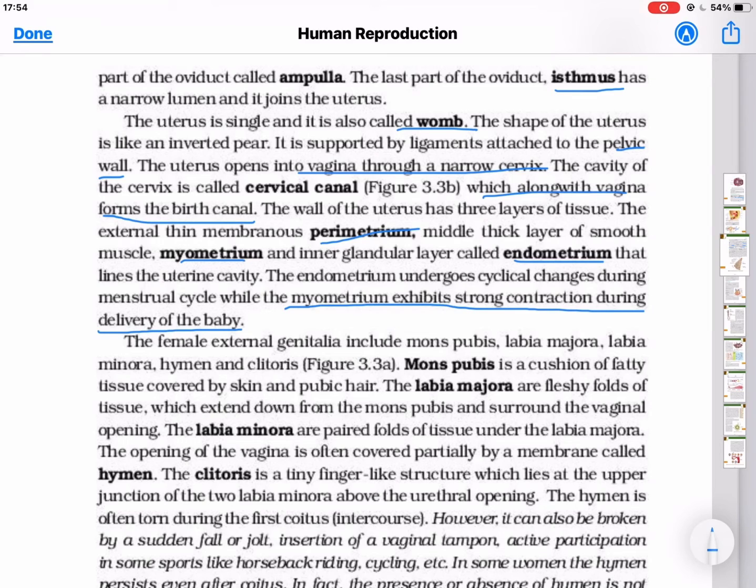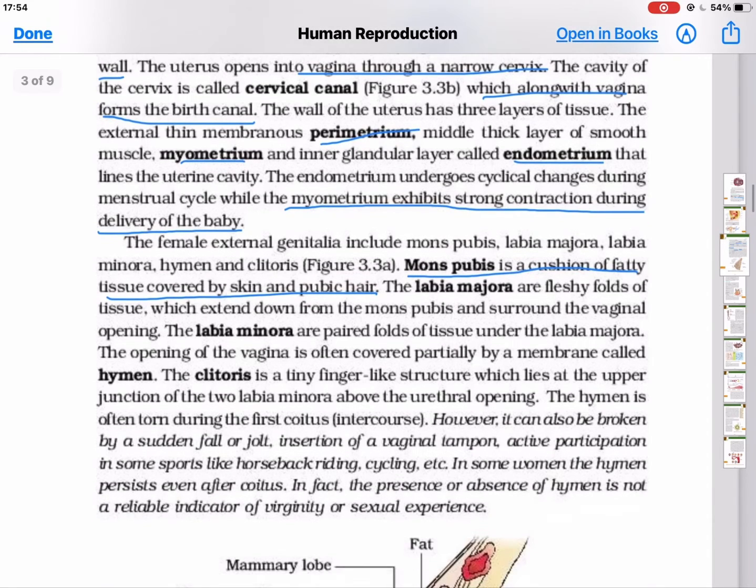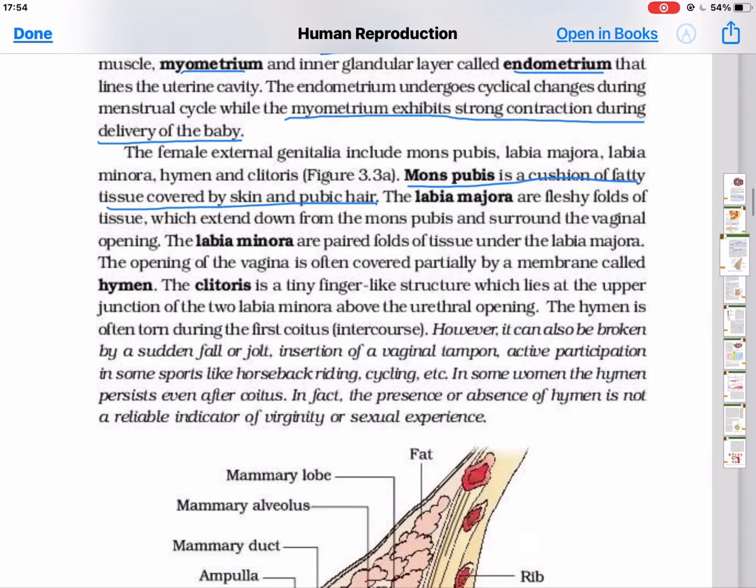The female external genitalia includes mons pubis, labia majora, labia minora, hymen and clitoris. Figure 3.3a. Mons pubis is a cushion of fatty tissue covered by skin and pubic hair. Labia majora are fleshy folds of tissue which extend down from the mons pubis and surround the vagina opening.